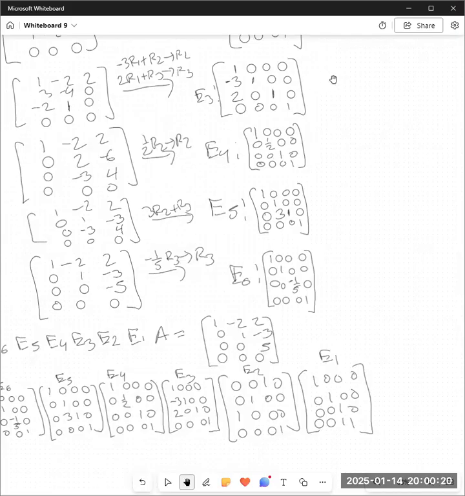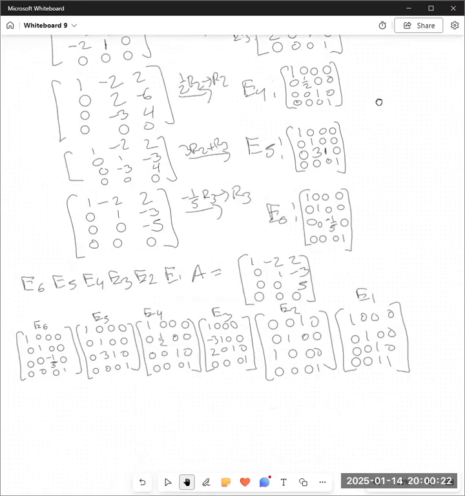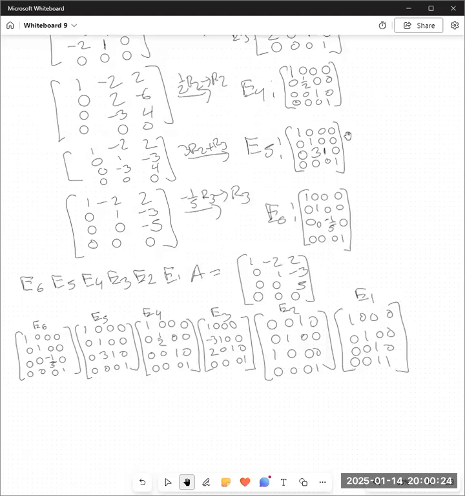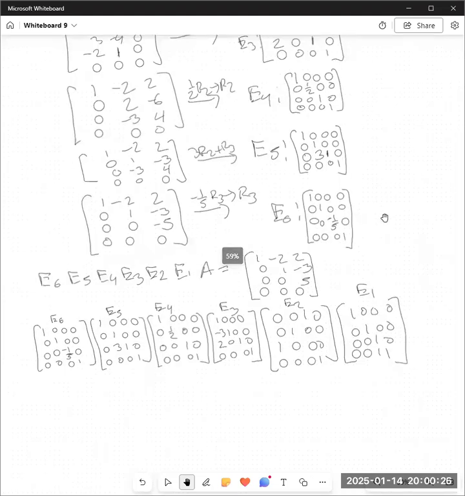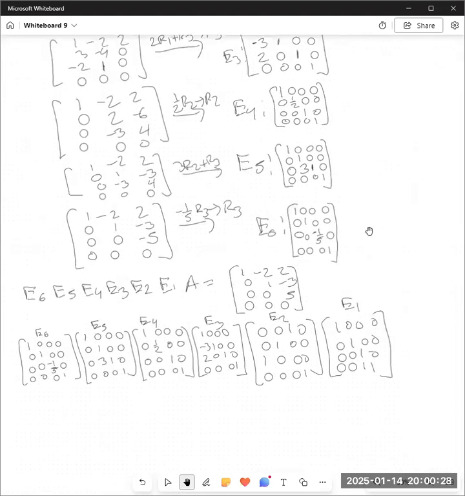Okay, now all that multiplied together times original matrix A of -2, 1, 0, 3, -4, 0, 1, -2, 2, -1, 2, -2.